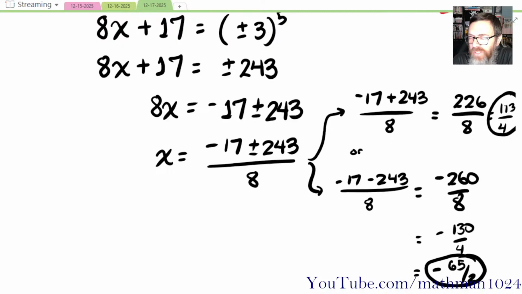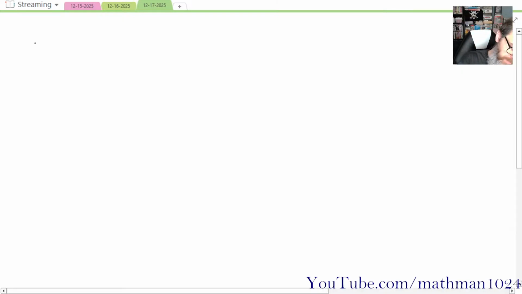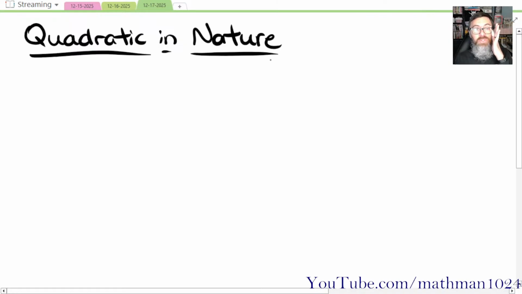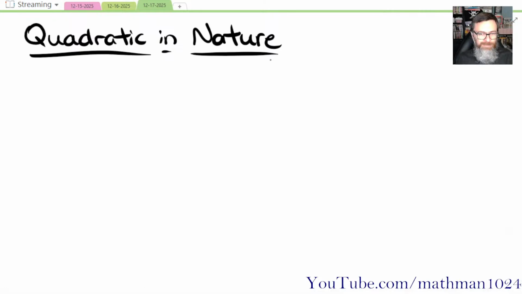Now, one of the last things I want to talk about today will be solving equations that are quadratic in nature. All right, so equations that are quadratic in nature are almost like they're quadratic, but not quite.